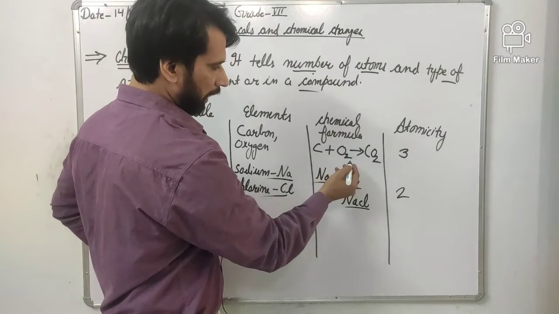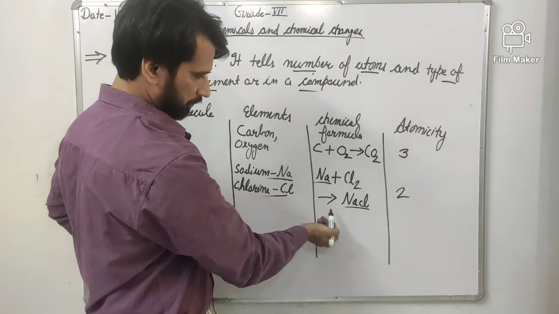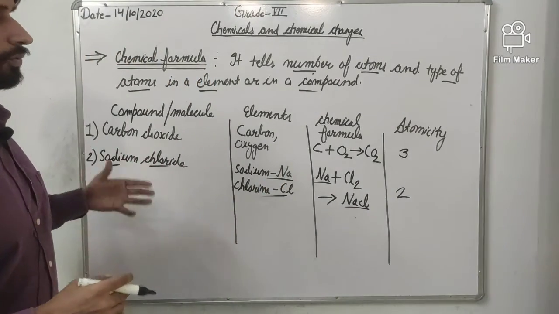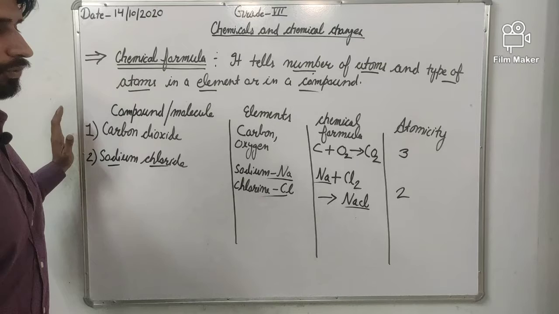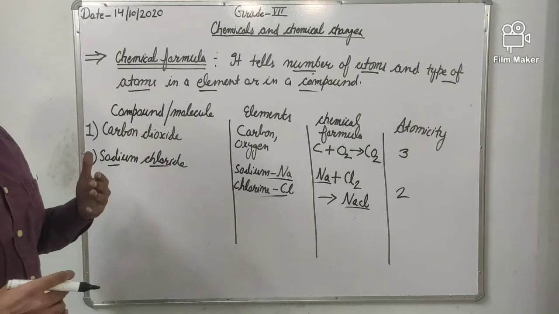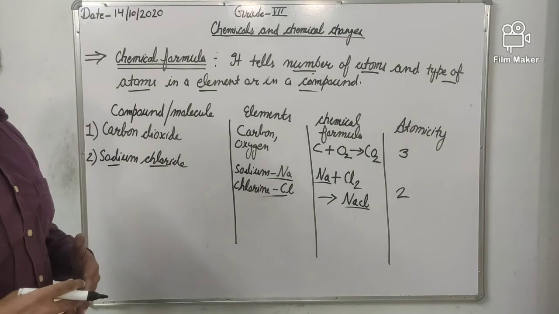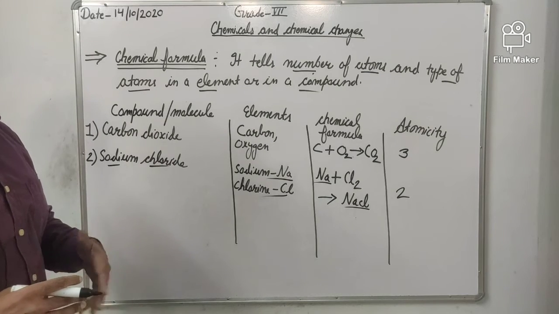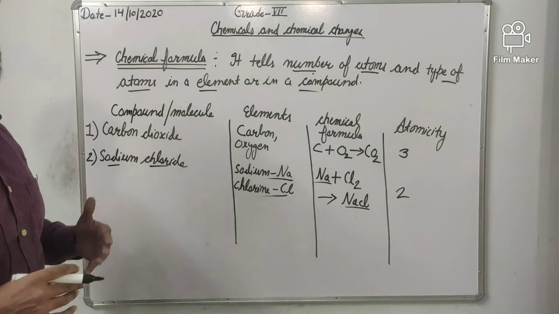You know what chemical changes are. When two substances interact and form a new substance with different properties, that is called a chemical change or chemical reaction.